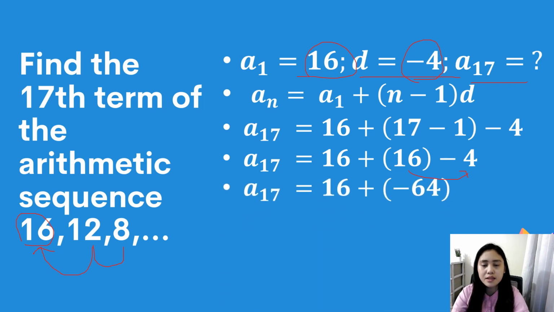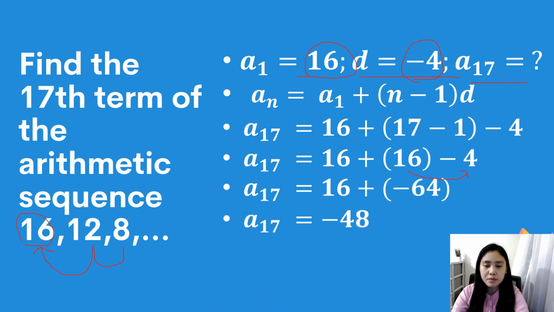A sub 17 equals 16 plus negative 64. Last step, combine 16 and negative 64. Alright, so the answer would be a sub 17 is equal to negative 48. That's it. The 17th term is negative 48.